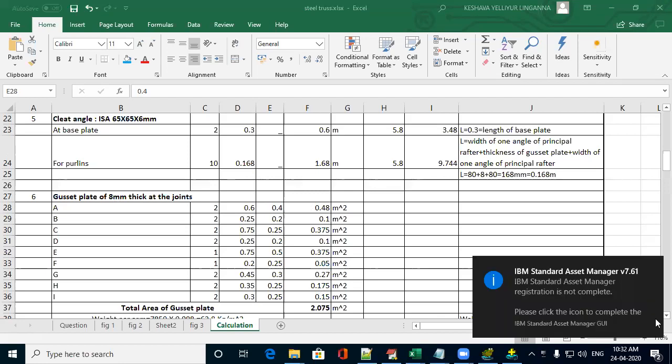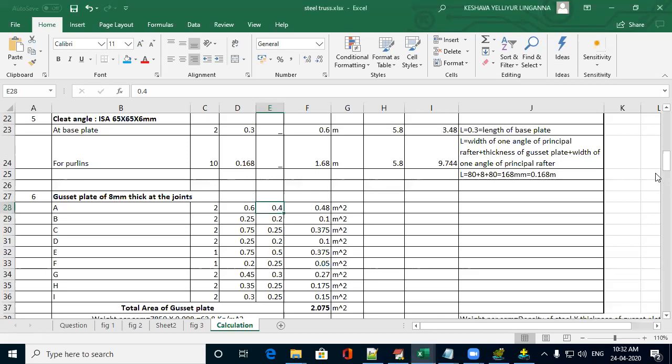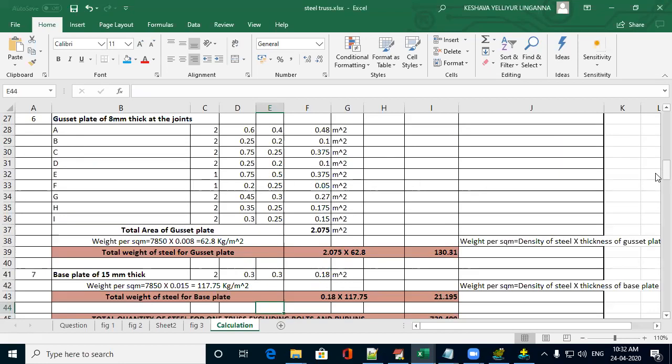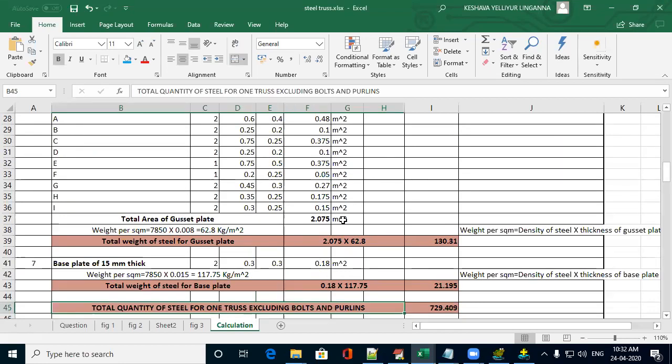And here you have to take the total area of the gusset plate. You have to observe it is in meters square. Before it was in meters. Now for this gusset plate, weight per meter square will not be given in the question. You have to calculate using the density of the steel. You know that density of the steel is 7850 kg per meter.